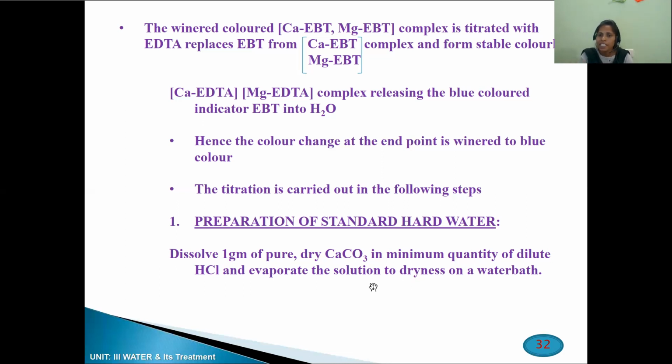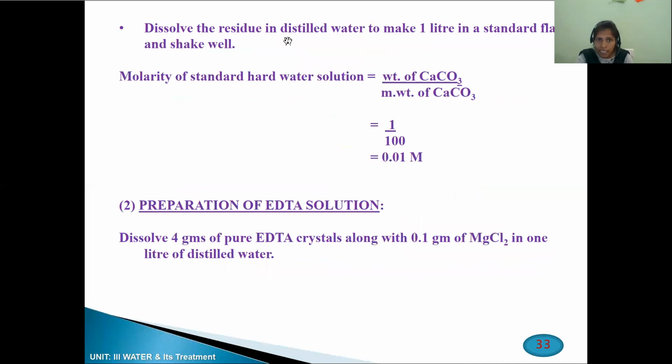When it evaporates, we get a dried compound. Dissolve this residue in distilled water. Whatever water we use in the chemistry lab must be distilled water. Dissolve the residue in distilled water to make 1 liter in the standard flask and shake well.